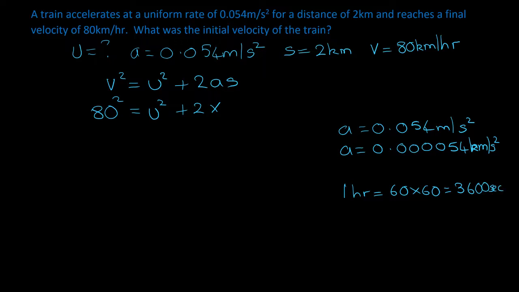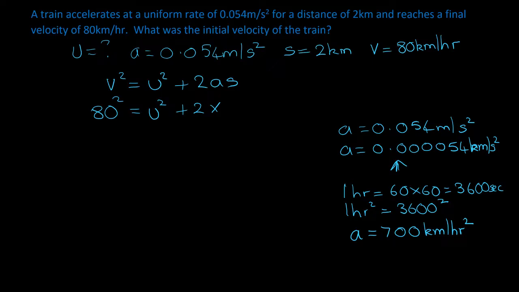Now we want 1 hour squared, so we're going to need 3,600 squared. And what you will find out is if we times the acceleration number we had above by 3,600 squared and round it to the nearest whole one, we'll eventually get 700 kilometers per hour squared. You definitely need a calculator for that one.